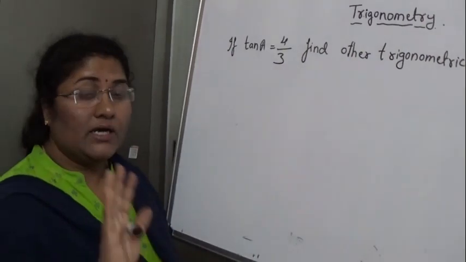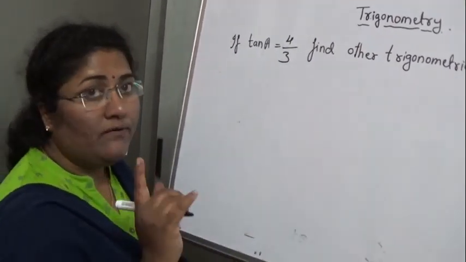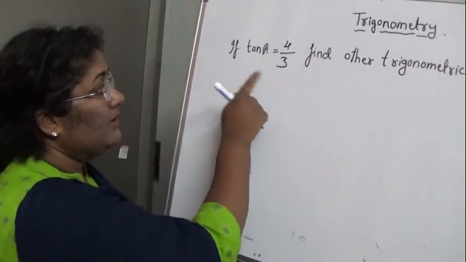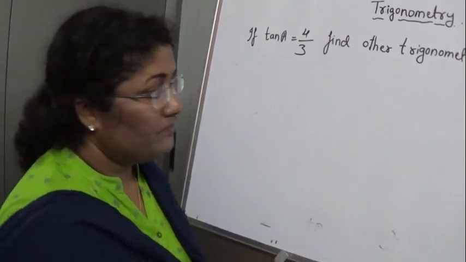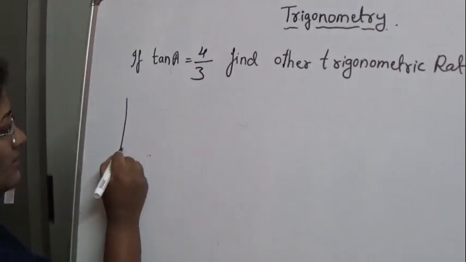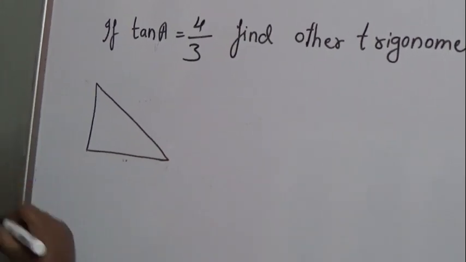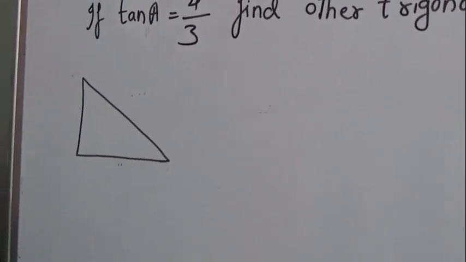We have to find the other 5 trigonometric ratios using only one, that is tan A equals 4 by 3. First, I have to draw a right triangle, which is very useful for solving this problem.